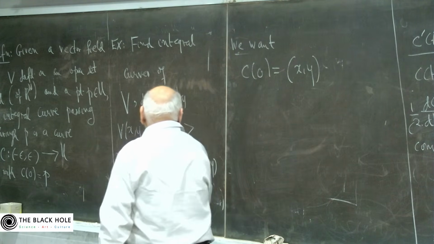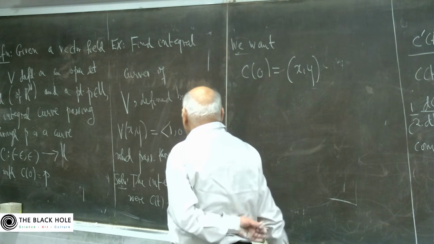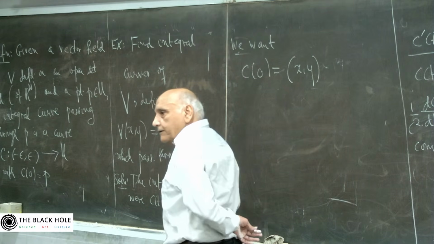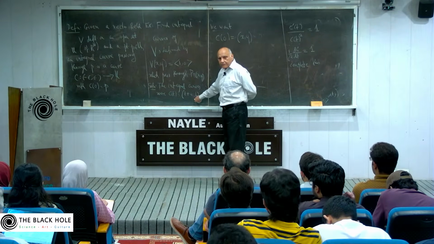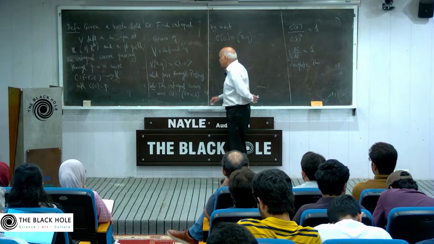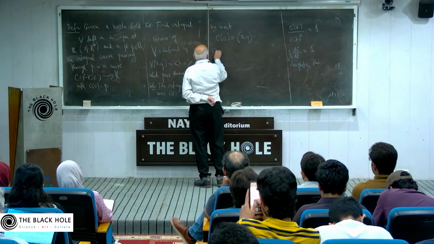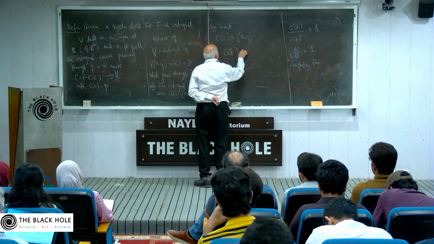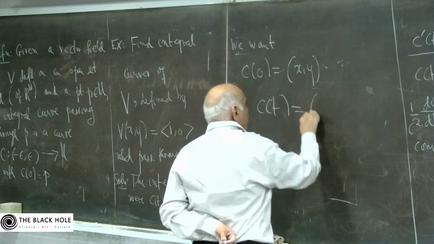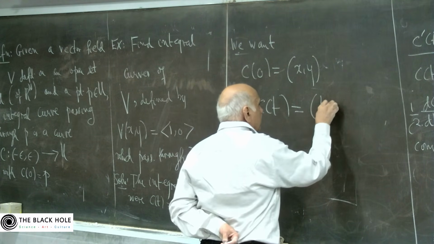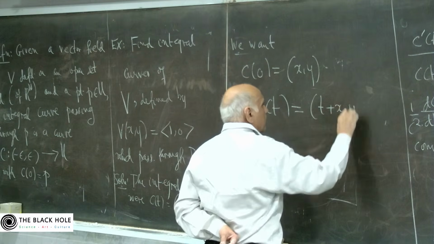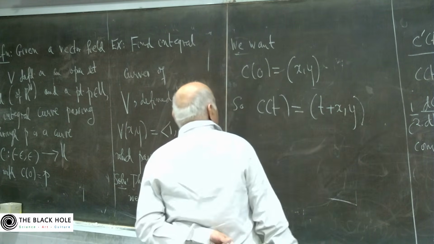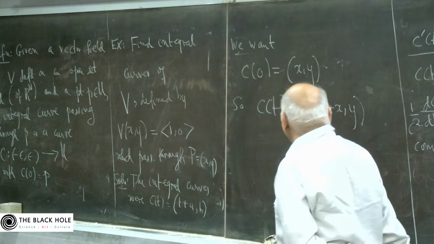So this means X is equal to a and y is equal to b. So C t is equal to t plus x, comma y. Okay. Now notice something very interesting.